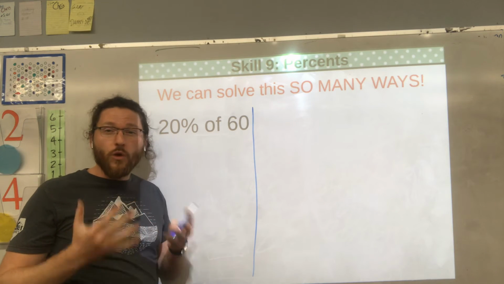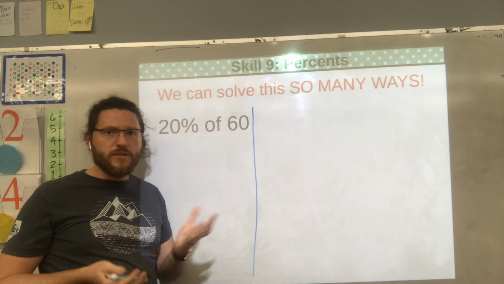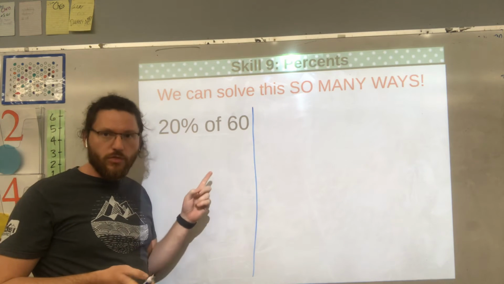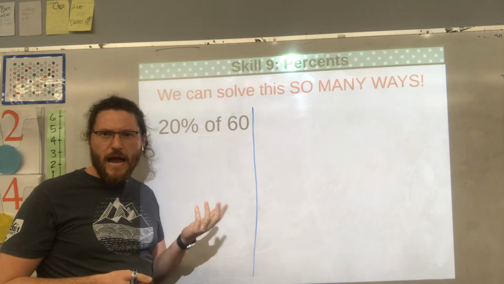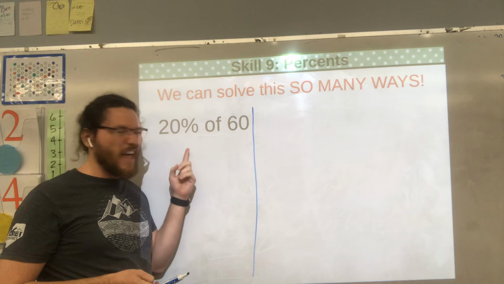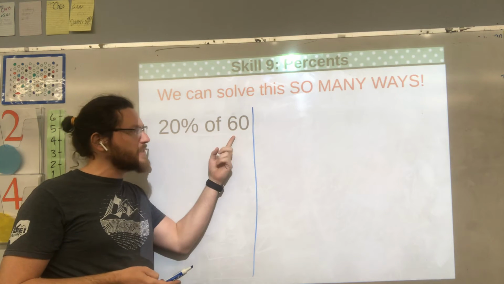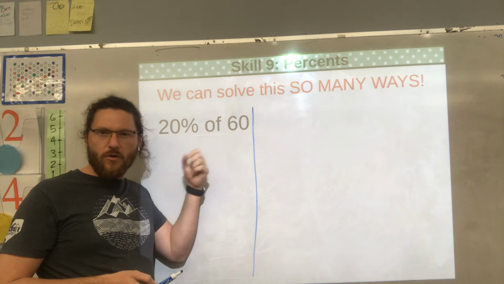But the wording can get kind of confusing with percent problems. So before I even start this problem, I like to think through what answer I would expect. 20% is less than 50%, so the number we're expecting here is going to be less than half of 60.